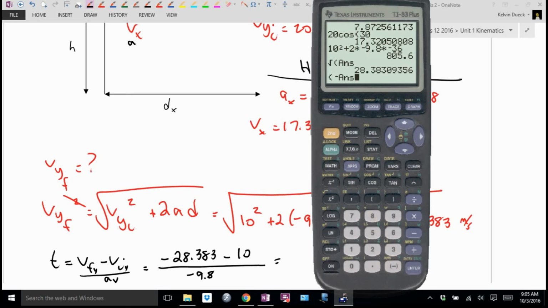Negative answer button, minus exactly 10, close bracket, all over negative 9.8. Those that use the quadratic, did you also get 3.9166422? That should be bang on, I think, because I didn't round off at all. So all right, I'll go 3.9166.